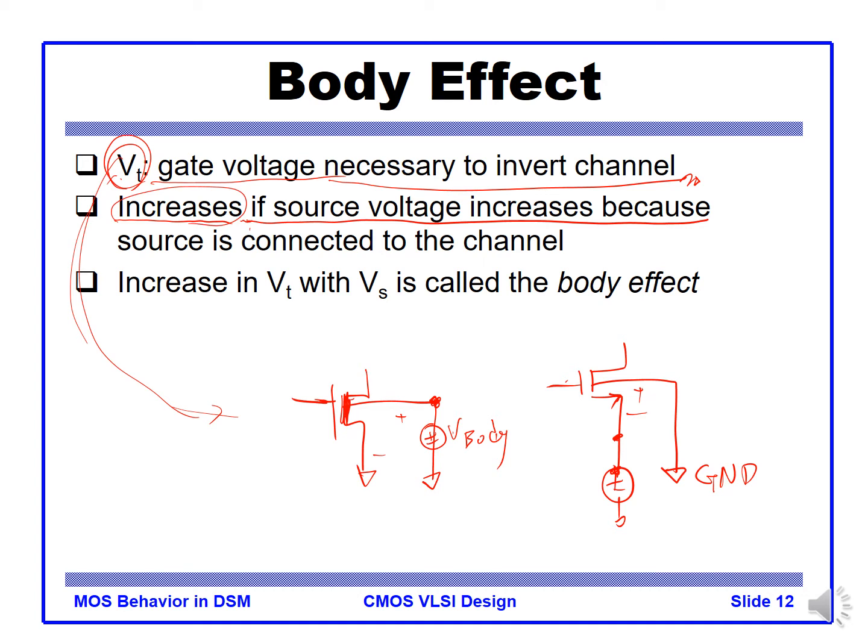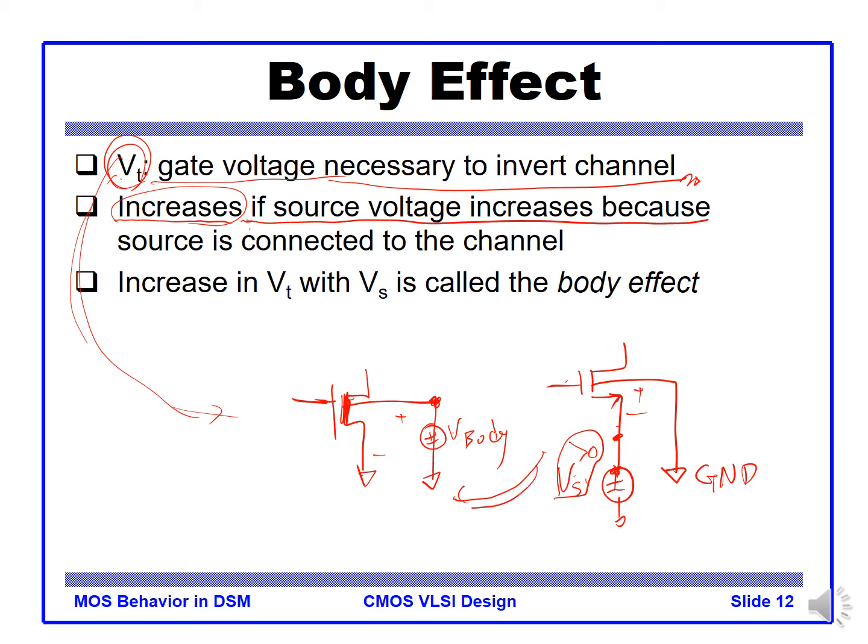The reason why, if you compare the left and right figure, is that when VS is greater than 0 volt, the source node is higher than 0 volt.